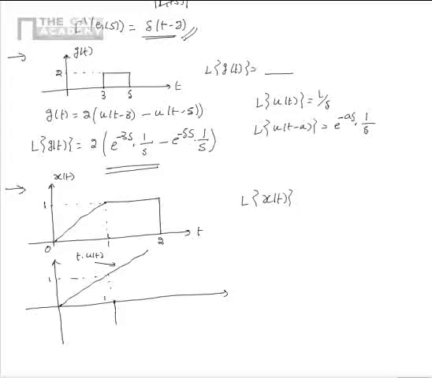The other one is also a ramp which is starting from the instant t is equal to 1 but is of unity slope. And finally a unit step function which is of magnitude -1 as shown.